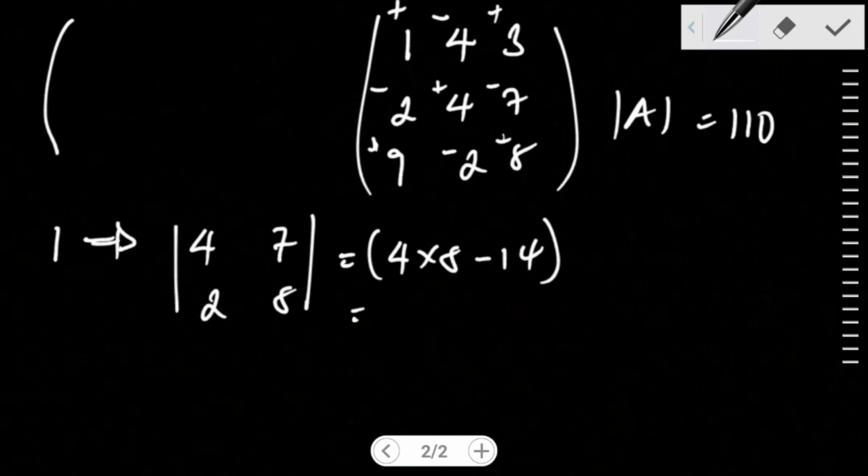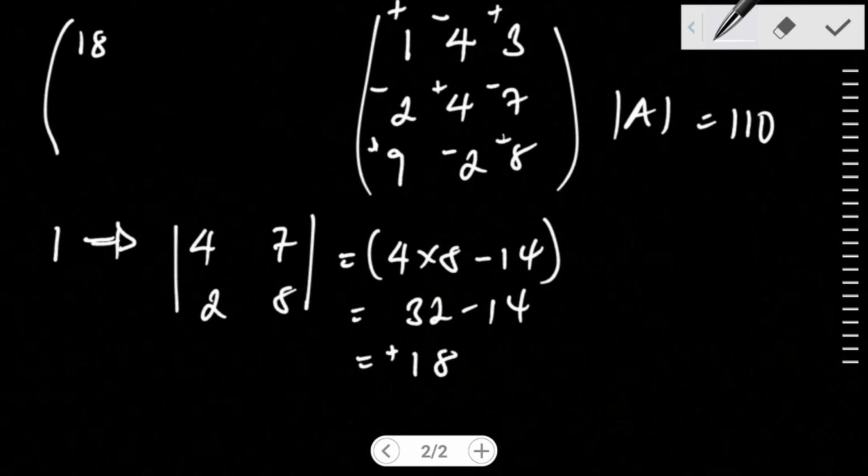This is 32 minus 14, and so this is 18 in this case. So the cofactor of 1 is 18, but the sign on 1 is positive, and therefore this is positive 18, so we put it in the position of 1.